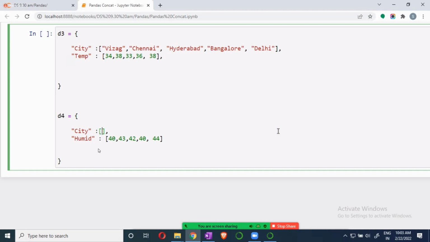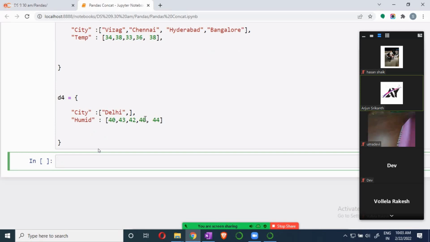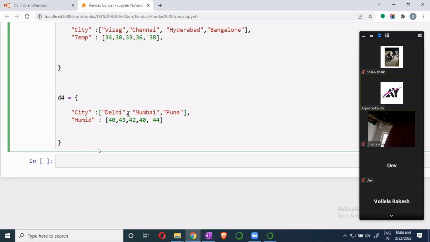Now I will take it as Delhi. Okay. I will remove this one, Delhi over here. Mumbai. And I will give it as Jaipur.